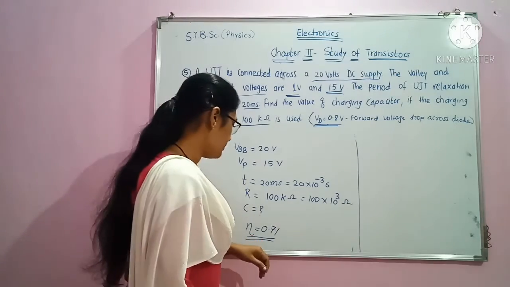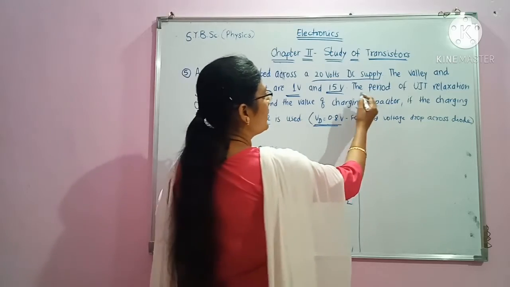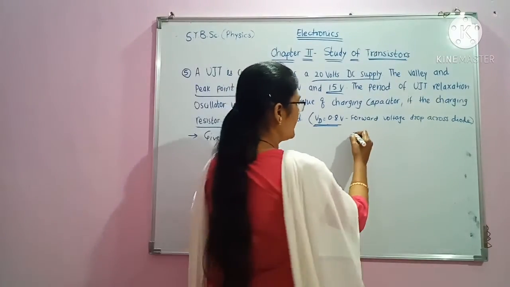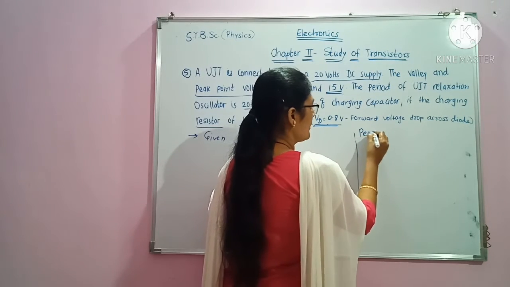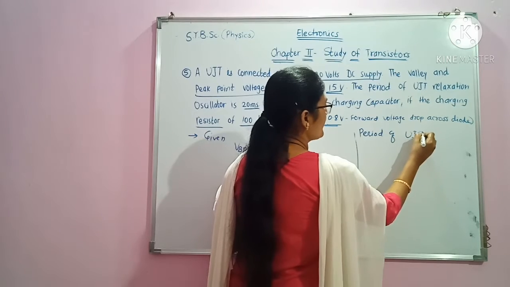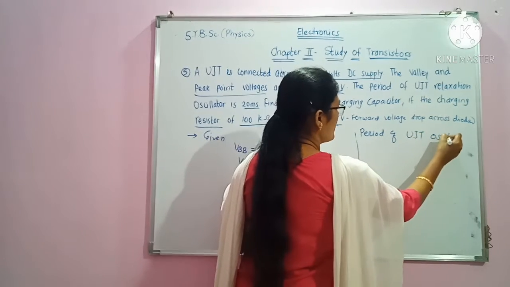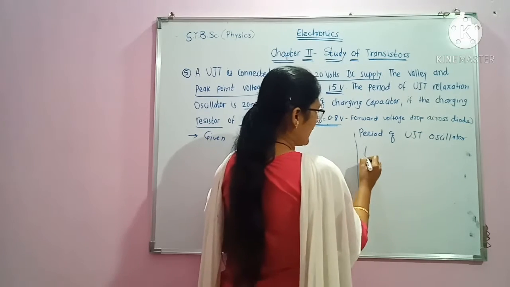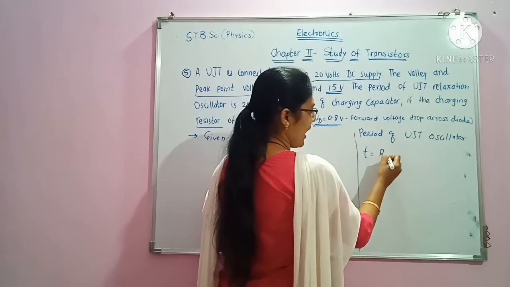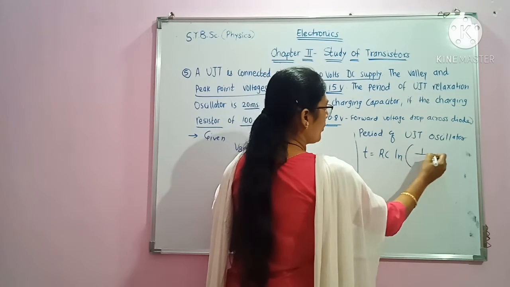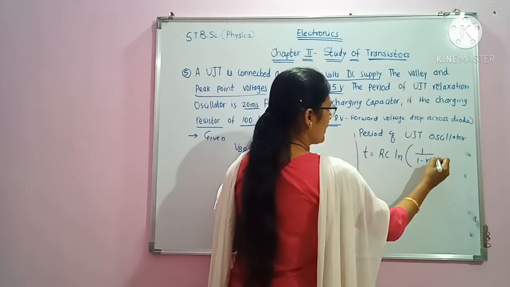Now we know that the period of the UJT oscillator is given by T is equal to RC into ln of 1 upon 1 minus eta.